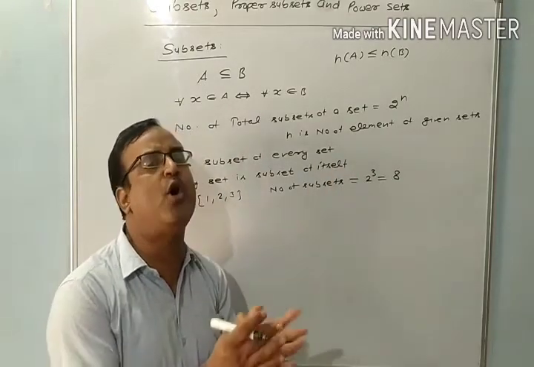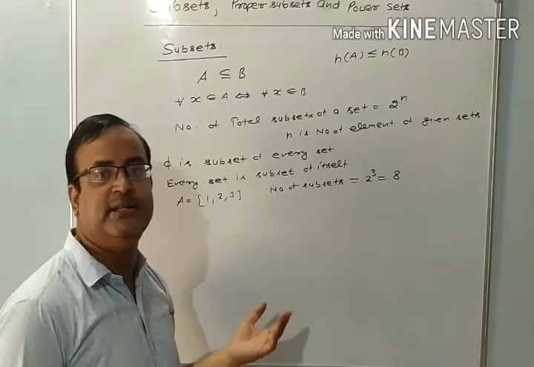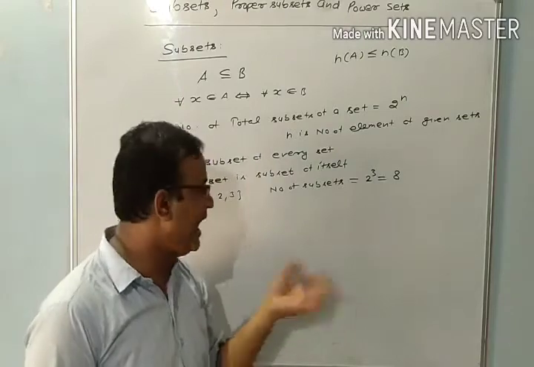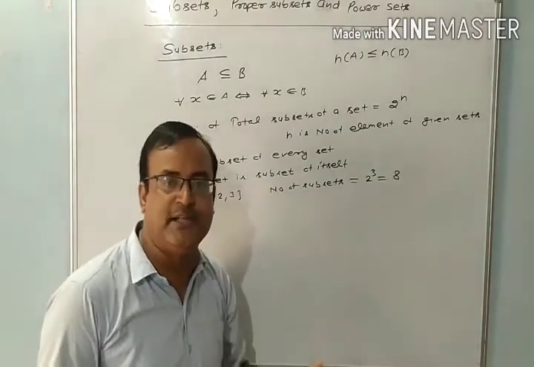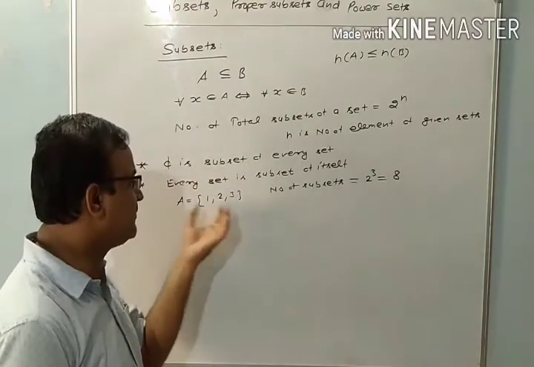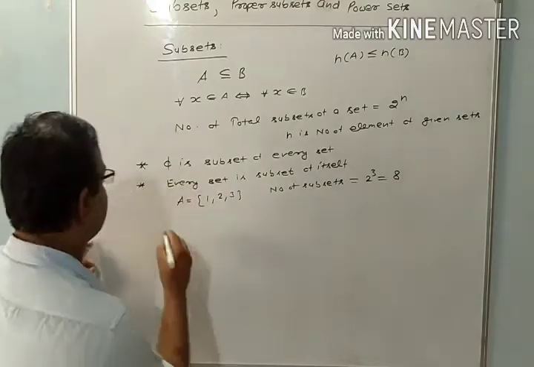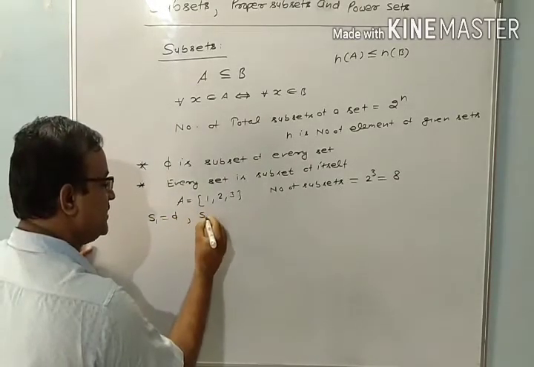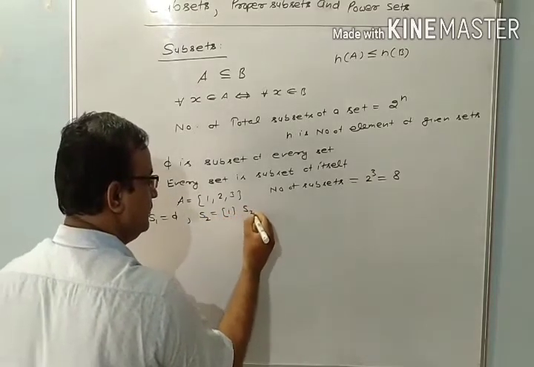Now I'm going to list all the subsets. In order to make subsets, first of all we will write these two subsets: phi and the next one is the set itself. That means every set is a subset of itself. And then we will make subsets by taking one element, then two elements. Clear? So the first subset is phi. Second subset is one element, that means we will write {1}.